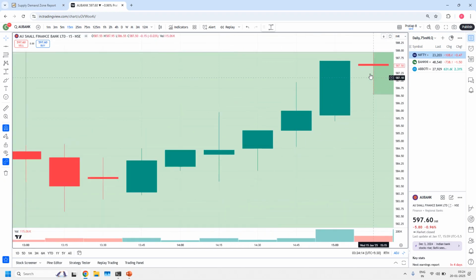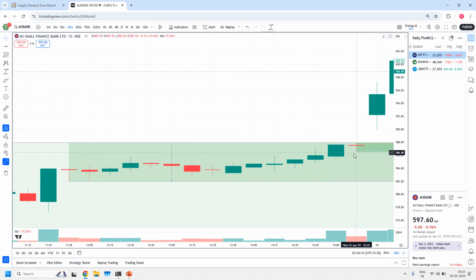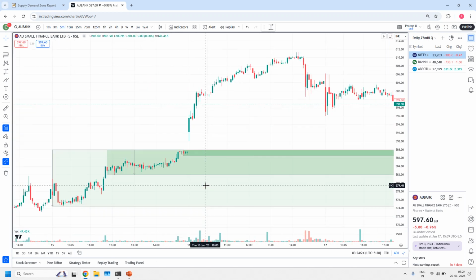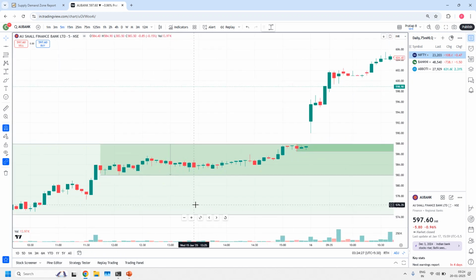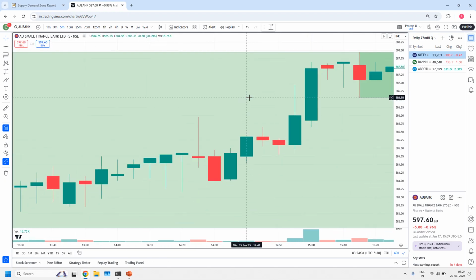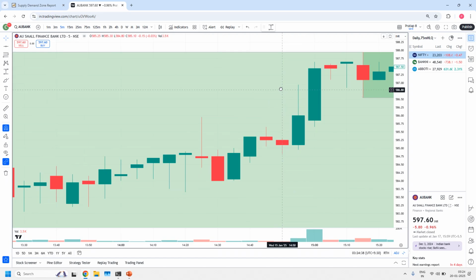See, rally, base and rally with hidden body. Now within this area, again we should look for a fine-tuned 5-minute zone. Is there any fine-tuned 5-minute zone here? Yes. See, this is the candle, a large candle, 2 base candles and a rally candle with hidden body.